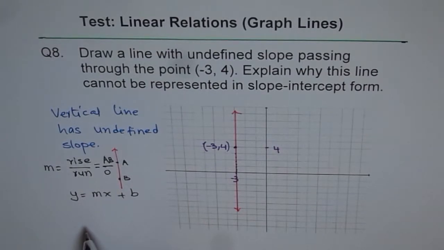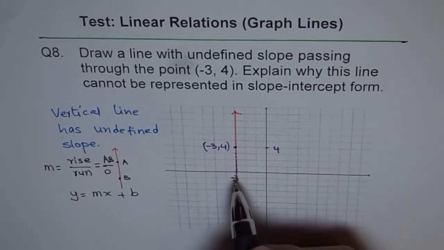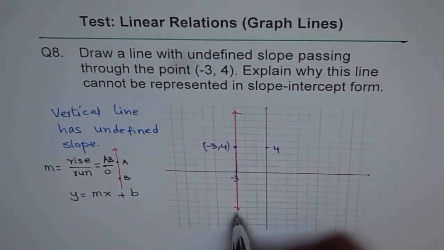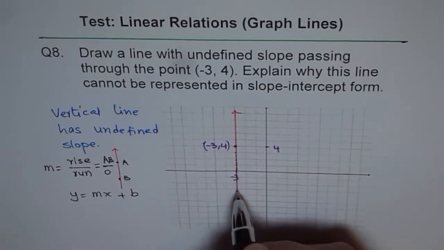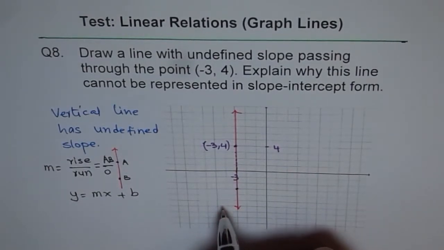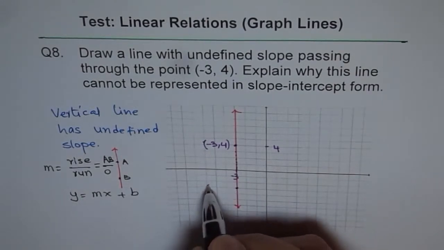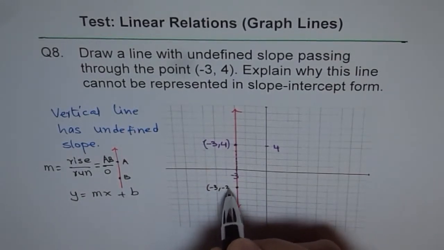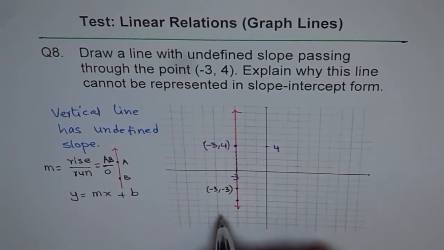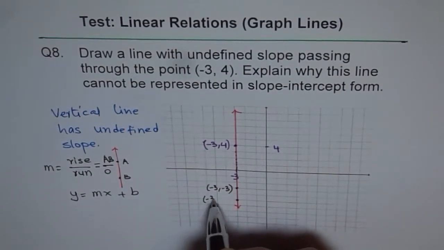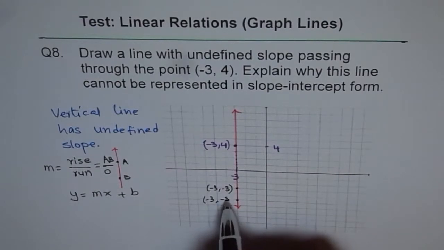So how should we represent this line, and what is the equation of this line? As you can see, every point on this line has one thing common. Let's figure out what is this point. Its x value is minus 3 and y is minus 3. So this point is minus 3, minus 3. How about this? x value is minus 3 and y is minus 5.